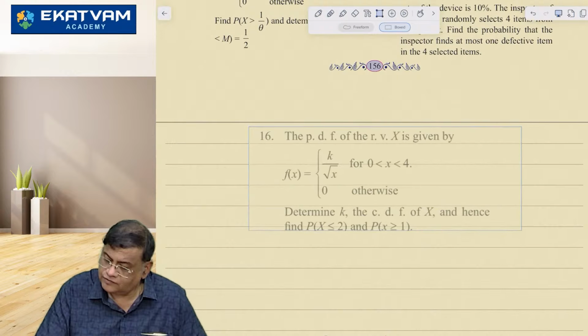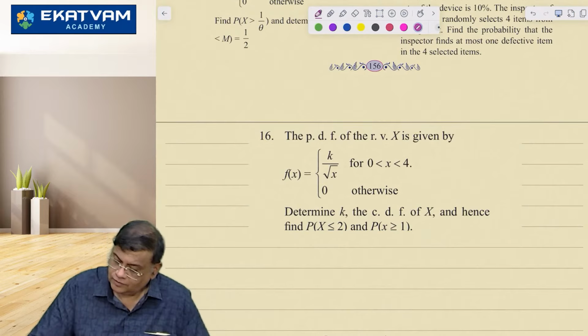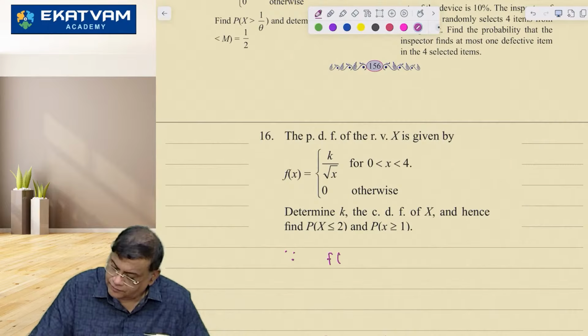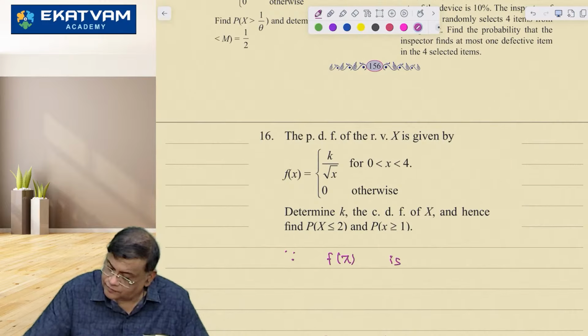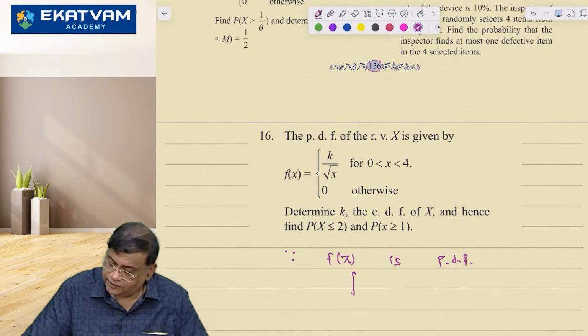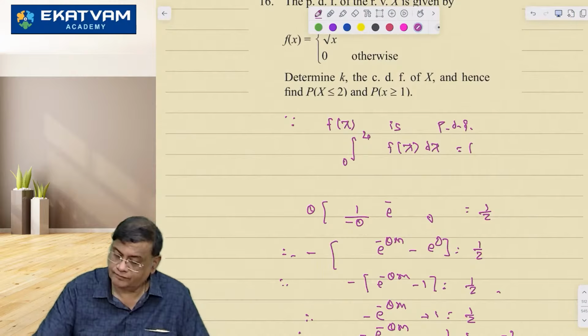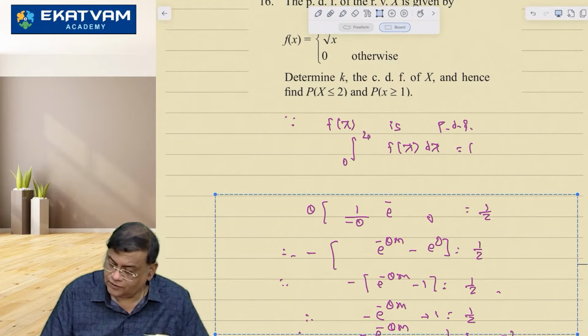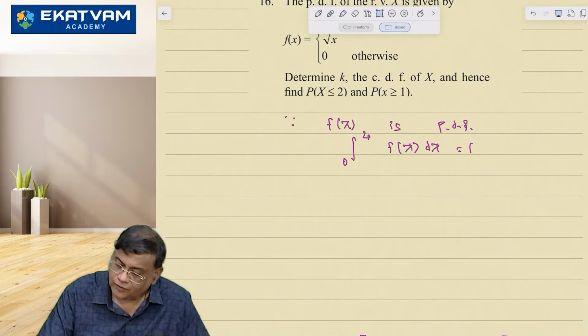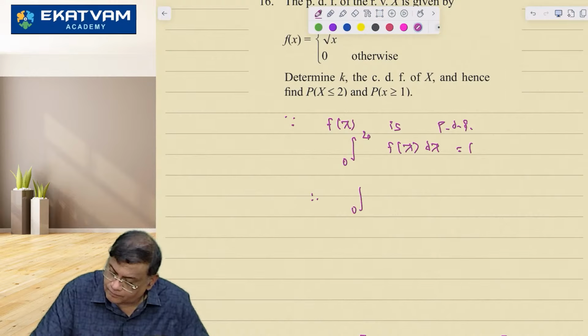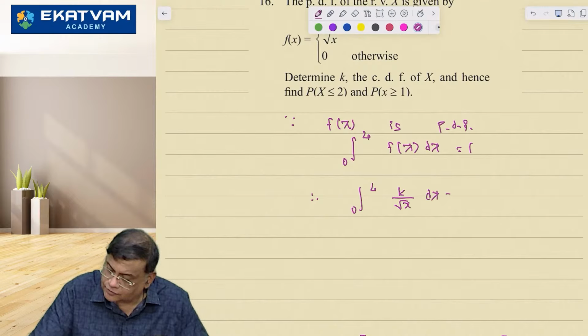What will we say? Since fx is the PDF, integration from 0 to 4 fx dx should be equal to 1, and therefore integration from 0 to 4 k over root x dx should be 1.